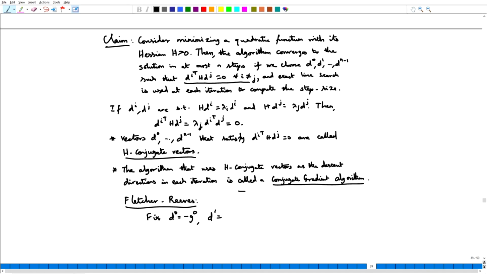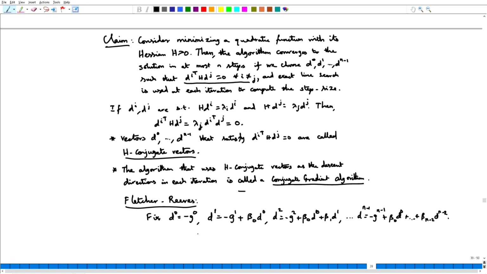So, for d1 I am going to fix minus g1 plus beta naught d naught, and d2 is minus g2 plus beta naught d naught plus beta 1 d1, and so on until dn minus 1 equals minus gn minus 1 plus beta naught d naught plus dot dot dot beta n minus 2 dn minus 2.